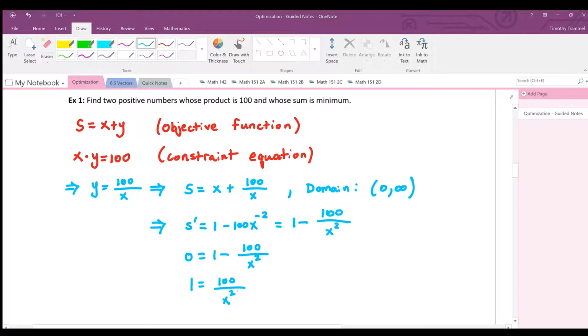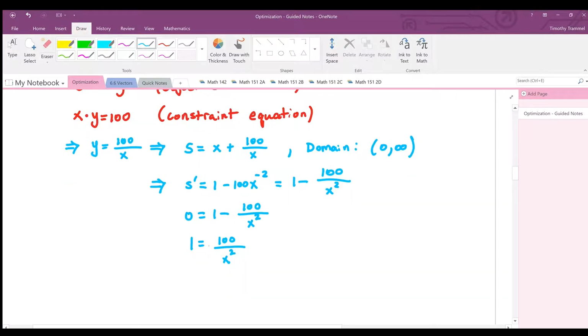And then one more step here. Let's multiply each side by x squared. So we have x squared equals 100. And what that tells us is x is equal to plus or minus 10.